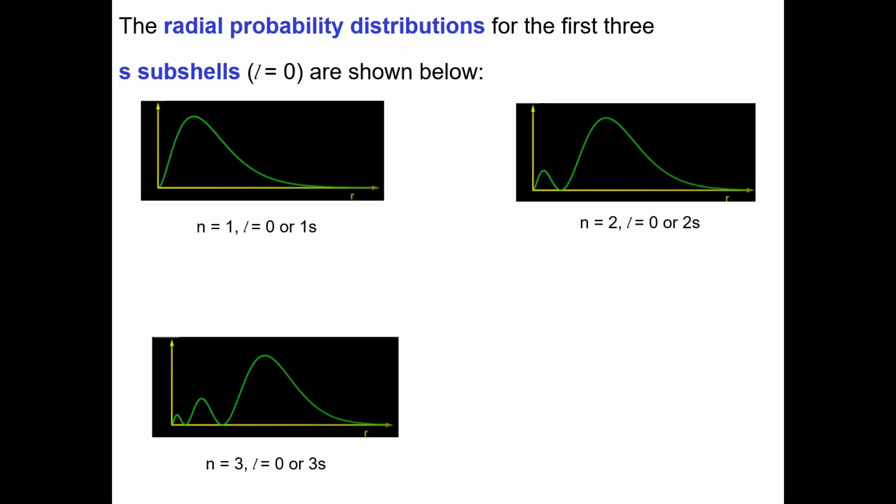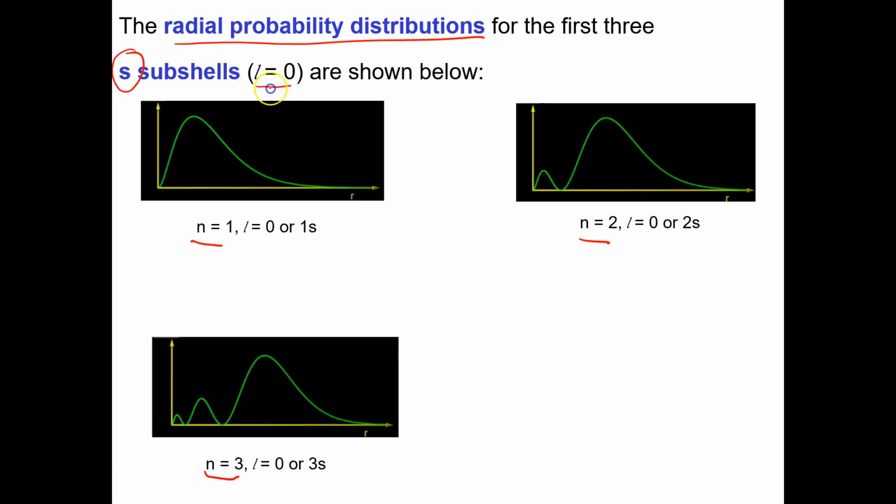Okay, so let's have a look at some of these radial probability distributions to see what they look like. So these are all the radial probability distributions for 3 s subshells. So this is for n equals 1, n equals 2, and n equals 3.